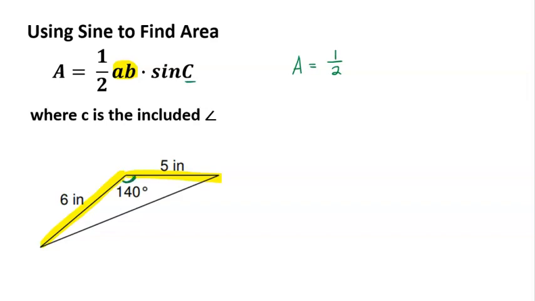And so if they gave you maybe these two angles, maybe you have to solve for 140, just make sure that you're using your included angle on this one. Or if they gave you all three sides, make sure you're using the two sides that create that included angle. And so we've got area equals 1/2 times 6 times 5 times the sine of 140.